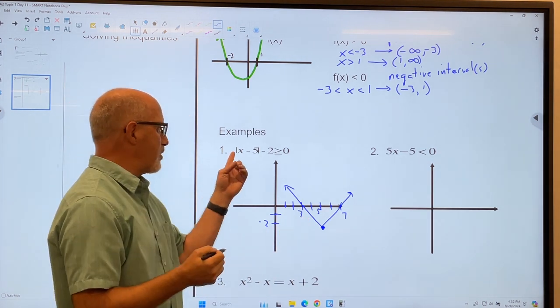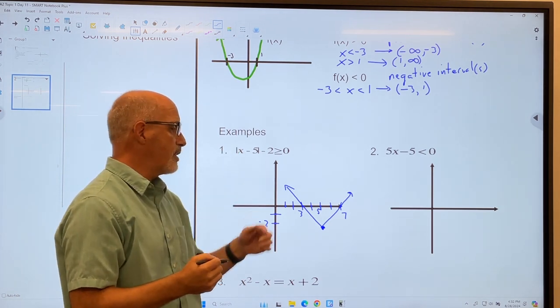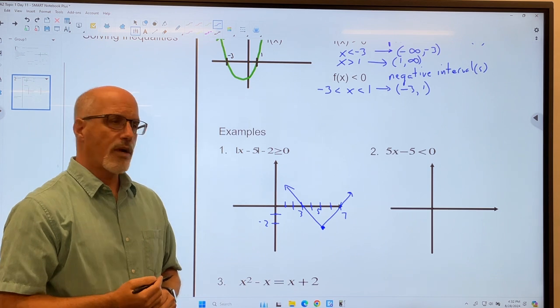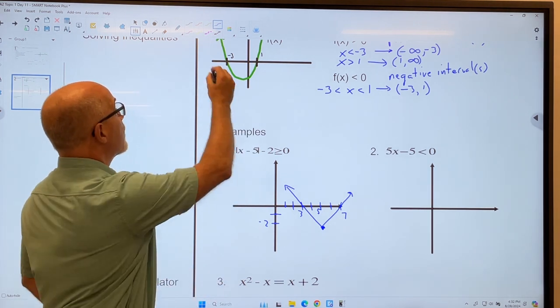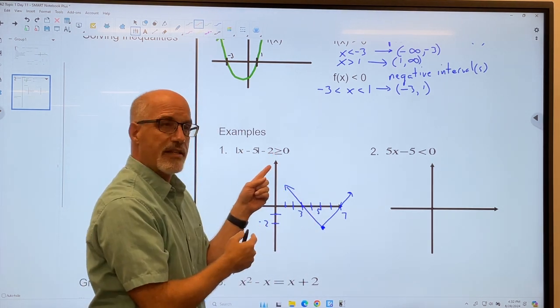Think about what that means here. 3 minus 5 is -2. Absolute value is 2. 2 minus 2 is equal to 0. So that's when it crosses the axis. So what we're going to look for here is, when is this graph a positive interval?